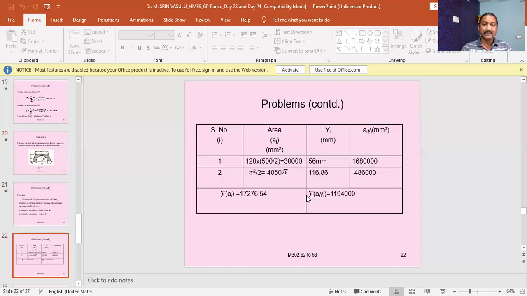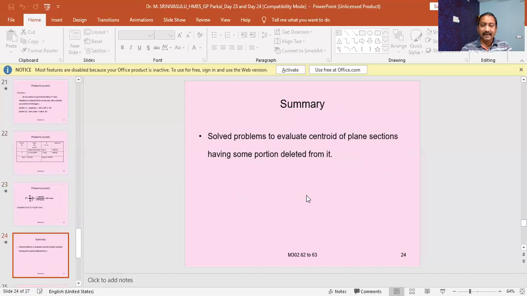With this we'll stop today and come to the summary. In this class we have solved some problems pertaining to the centroids of plane sections and also complex sections. Suppose a portion is cut out or deleted, then the centroid of the remaining area can also be found by subtracting the area from that.